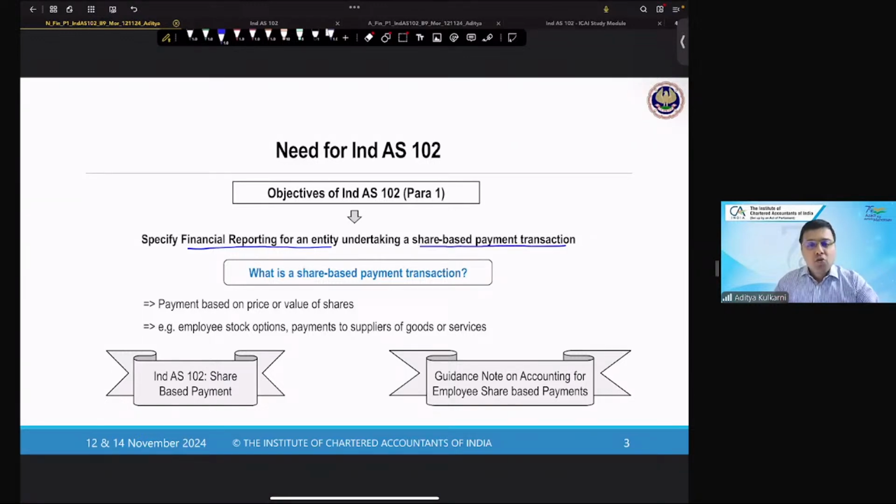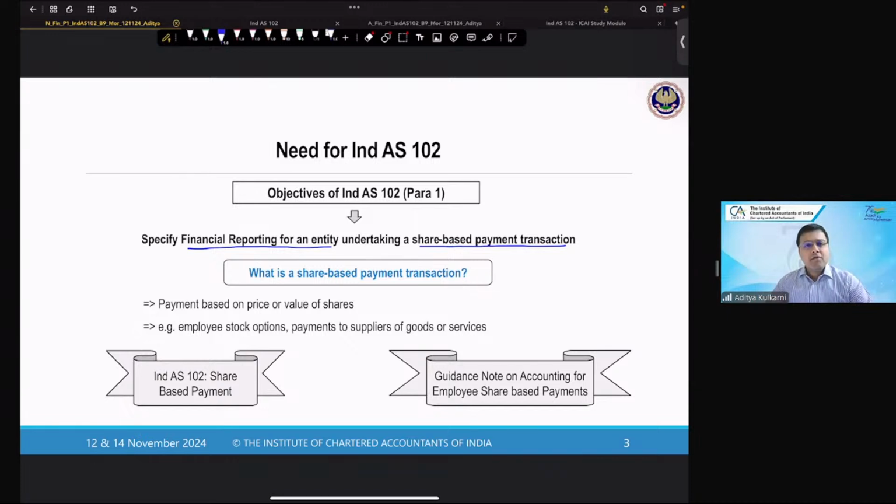So whose books are we in? Are we in the entity providing the services and getting payments based on shares, or in the books of the entity receiving the services and making the payment in the form of shares or based on share price? We are in the books of the entity which is receiving the services.